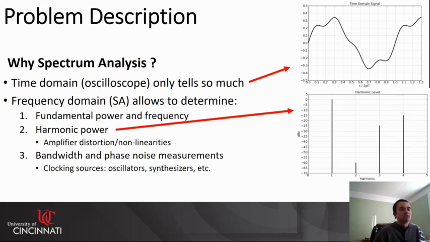Here's your fundamental frequency, and 15 dB below that you have your fourth harmonic, and 25 dB below your fundamental you have your third harmonic. So that's where your problem lies. Without going to the frequency domain to debug the circuit, all you'd have would be assumptions on why it's not operating correctly. Here you're able to prove out your assumptions, and that's achieved by going to the frequency domain.